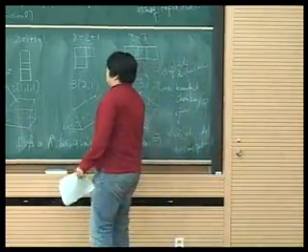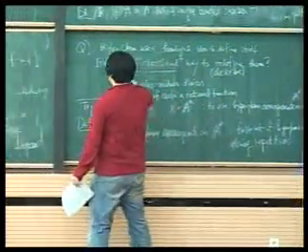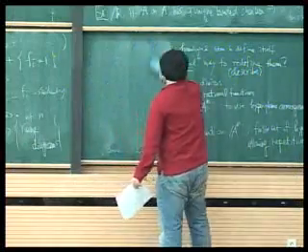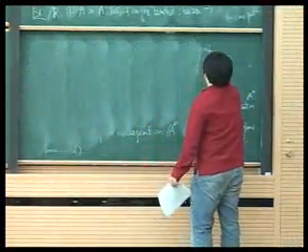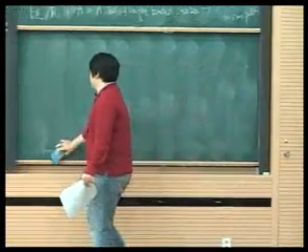So the first theorem we can prove is going to be the calculation of the hyperplane arrangement Chow group.